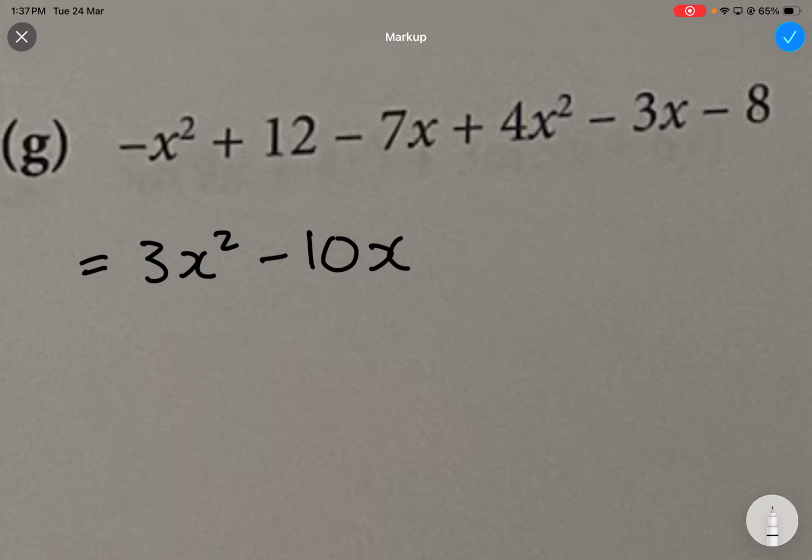After my y square term, I go and look for my y terms. Only one y term, plus 9y. Then just put my plus 9y there. Okay? Then this time round, they give you another one. Plus 9xy. X times y is different from just y.